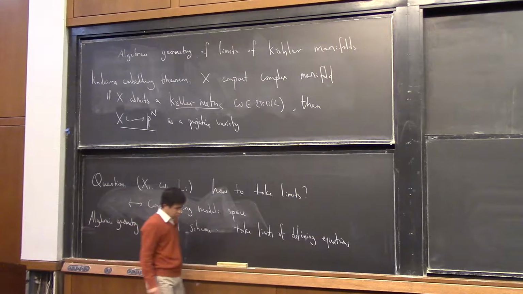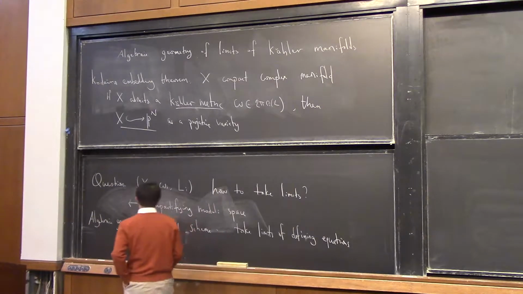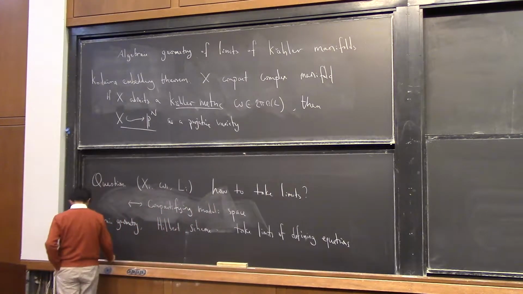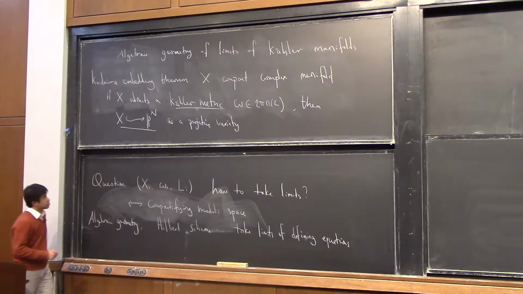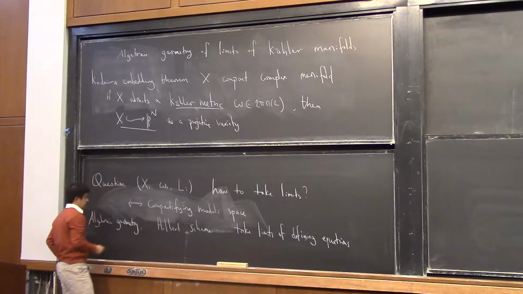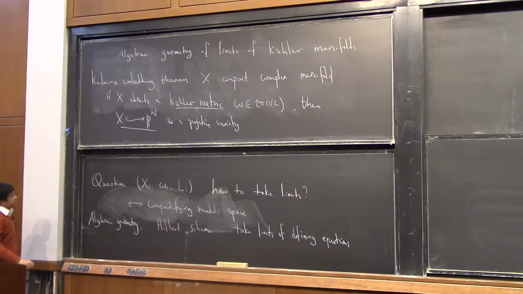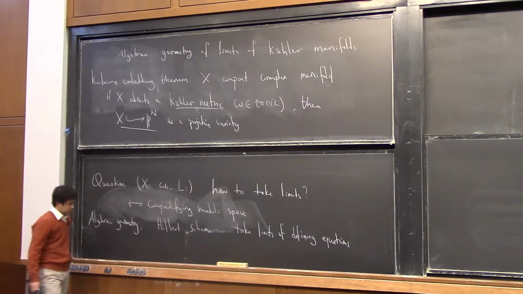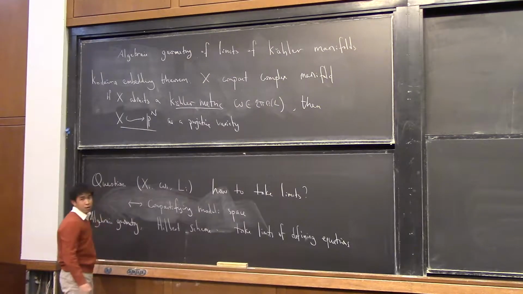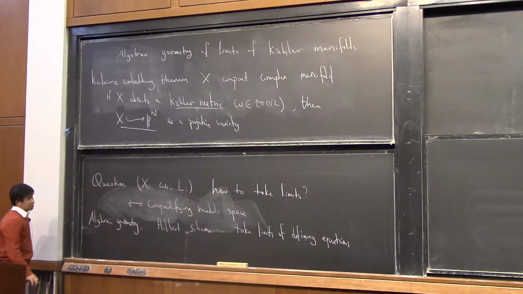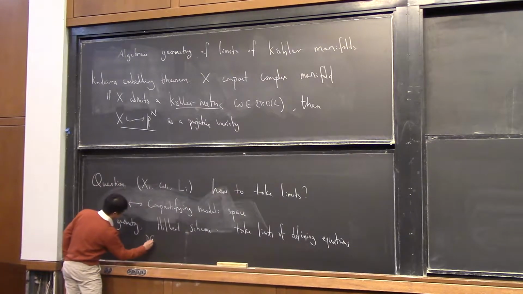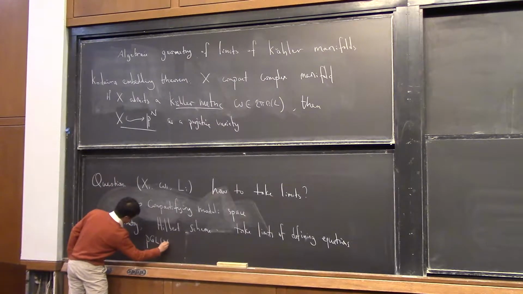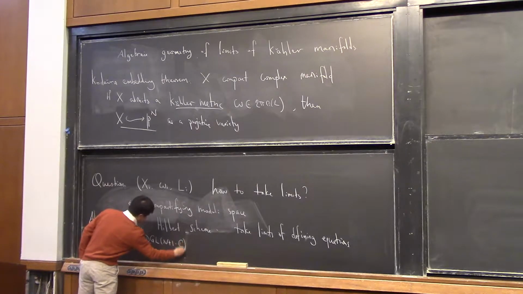So this defining equation is not unique if you fix X, because you have a projective transformation of Pn, which moves X inside Pn, and the defining equation will change. So there's an action of this PGL(n+1, C).